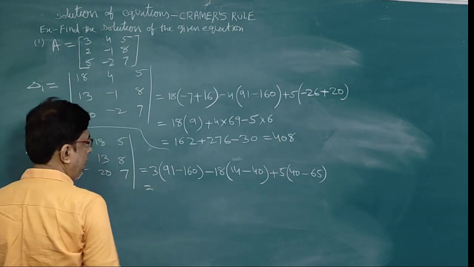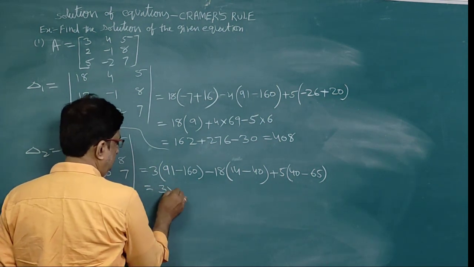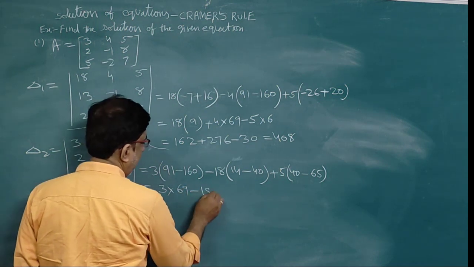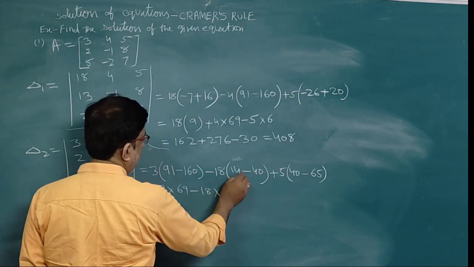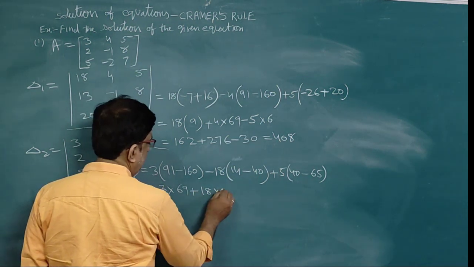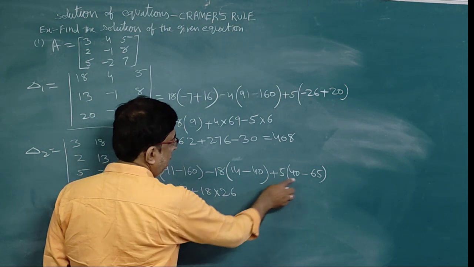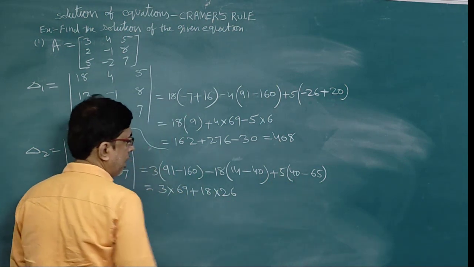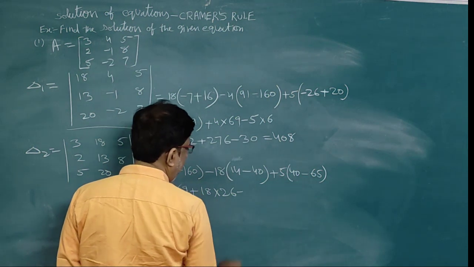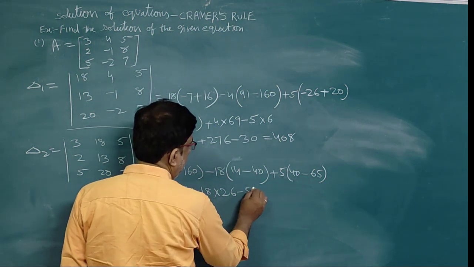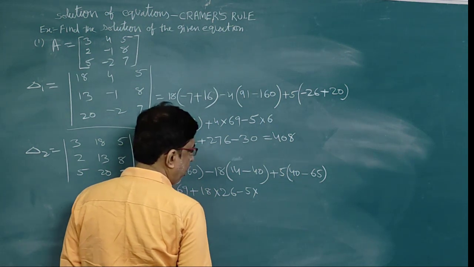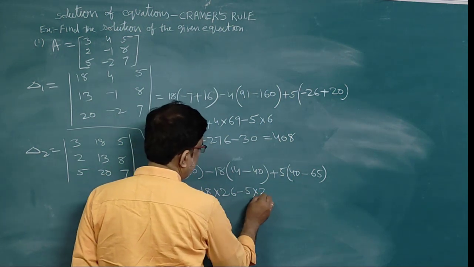So this one will be equal to 3 into again 69, minus 18 into 30, plus 26, right? More is minus, so it will be minus 5. So how much will it be? 5 into 40, it will be gone, 40 means 25.